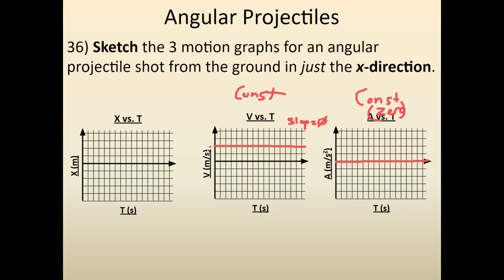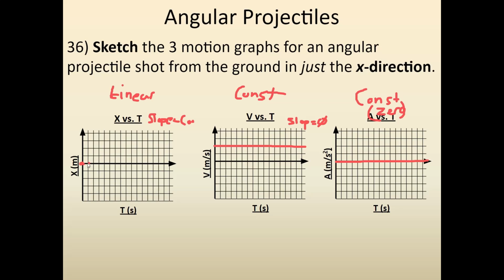All right. Now, because this is a constant graph, this means the slope of this graph is constant. So that means we're going to be drawing a line. This is linear. Again, we have to figure out where the starting position is. That's going to be our first point. Just the way that we always set up our problems, we always say that the initial position in the x direction is going to be 0.